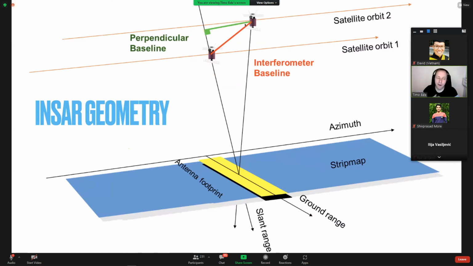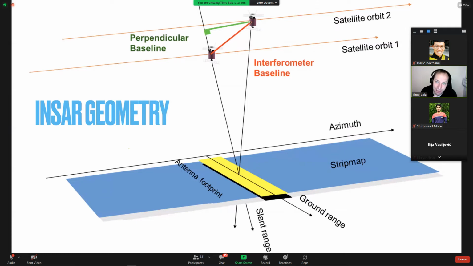Why are we using that one? Well, if you look at it, if we do that, we can form a perpendicular triangle, right? We're looking at the perpendicular baseline because that's a perpendicular triangle. And if we have a perpendicular triangle, we can do trigonometry. And that's basically what we do.